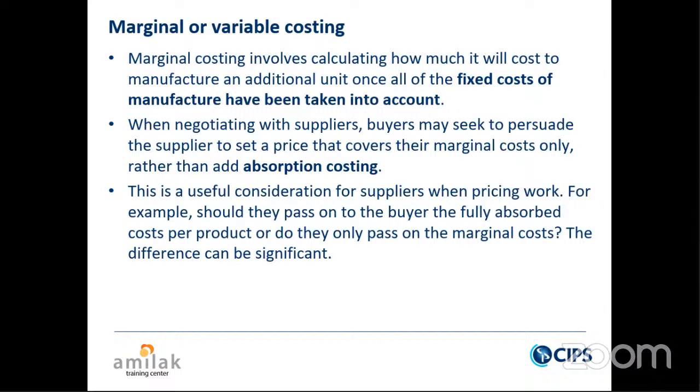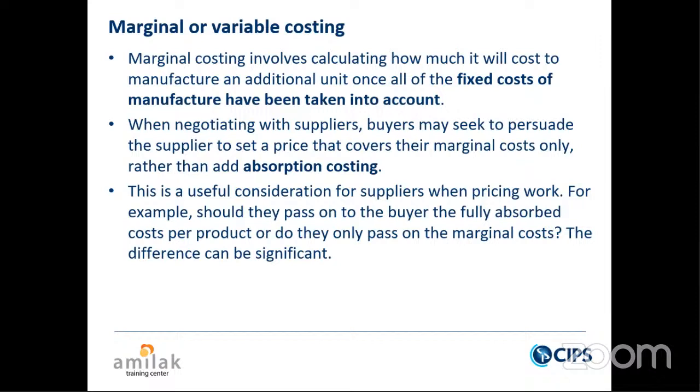I can negotiate with the supplier. Mr. Supplier A, you will marginally cost me. You will do marginal costing for me. Why? Because all your fixed costs have already been taken into account based on the products supplied to buyer X. Buyer X is already paying for all your fixed costs, your rentals, your overheads, and so on.